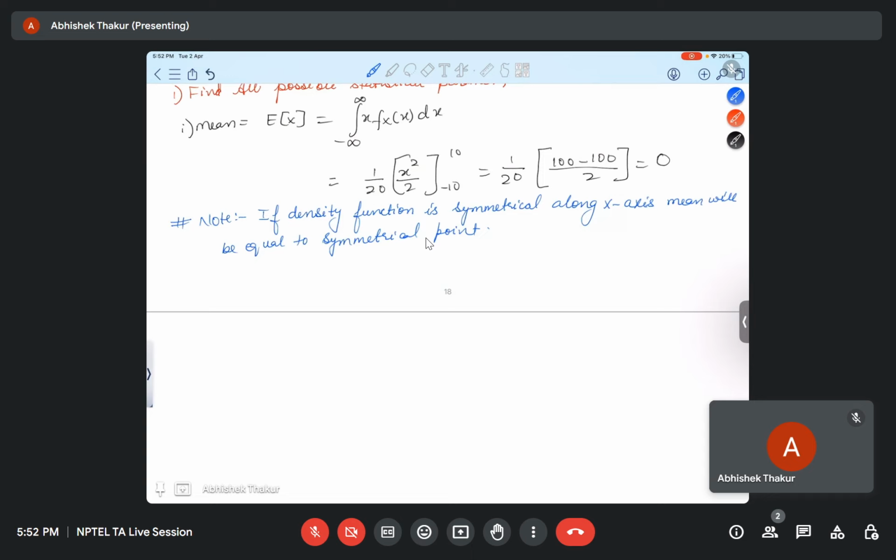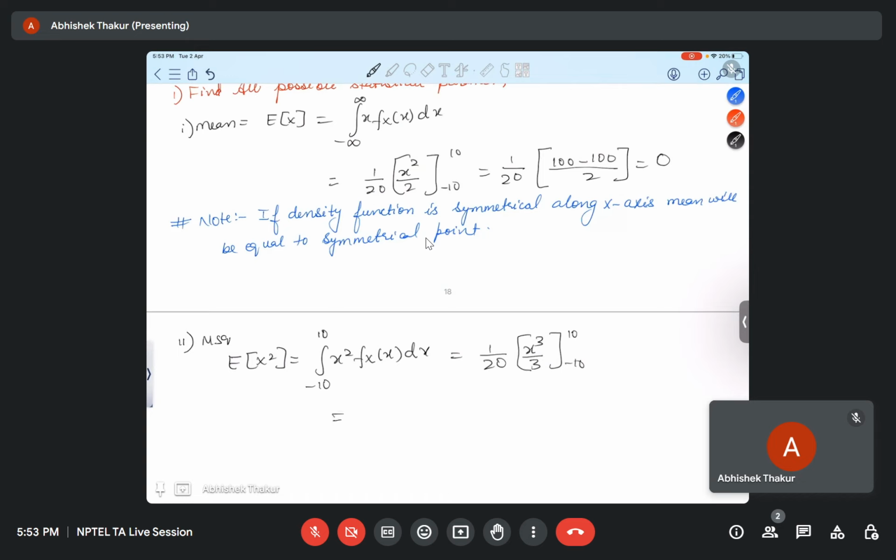So now coming to the second part of this question, that is the mean square value. So that is given as E of x squared. So that is equal to the integral of x squared f x of x dx. So this will become 1 by 20 times x cubed by 3, from minus 10 to 10.